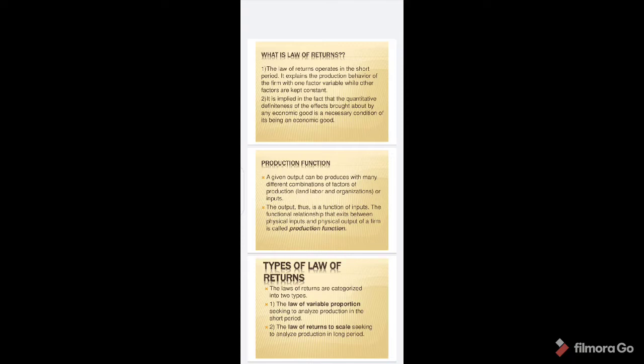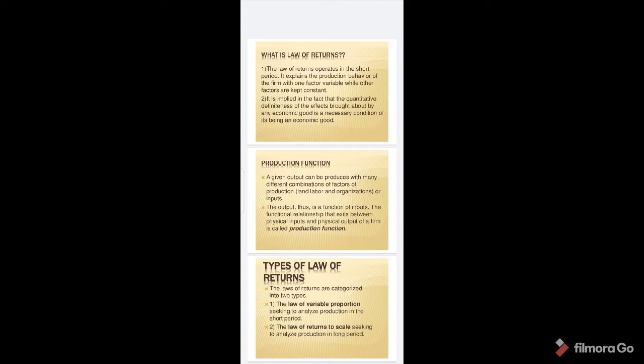It means that a production function describes a relationship between inputs, that is factors of production used in the production process, and output, that is production, that is how much quantity of output you will get from a given quantity of inputs. Production function can be studied in short run as well as in long run.